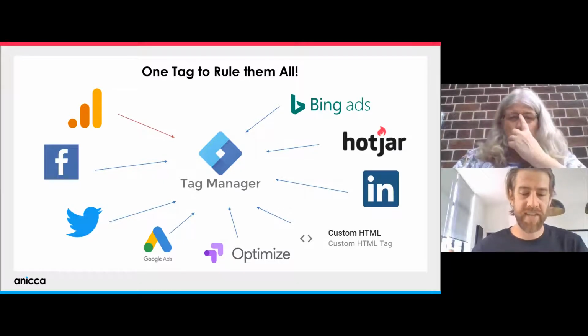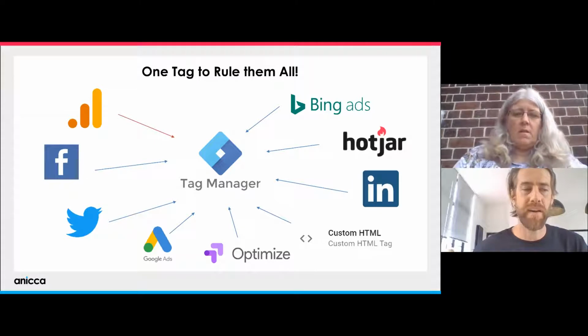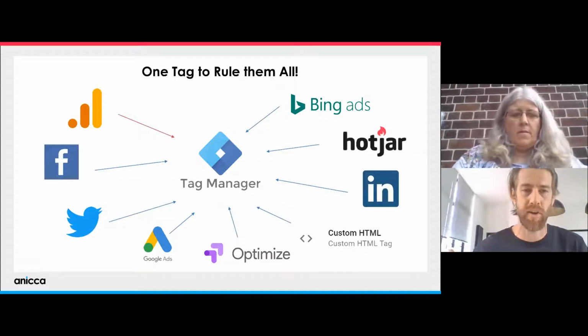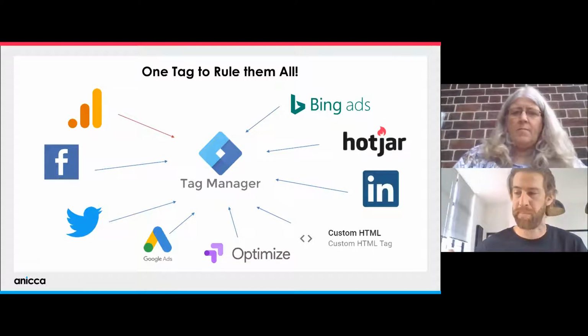So a tag manager container can basically replace all the manually coded tags on a site or an app, from Google Ads to Google Analytics to Floodlight and third-party tags. You'll typically only have one Google Tag Manager account per organization, and basically one piece of pixel code for one domain, so for one website.